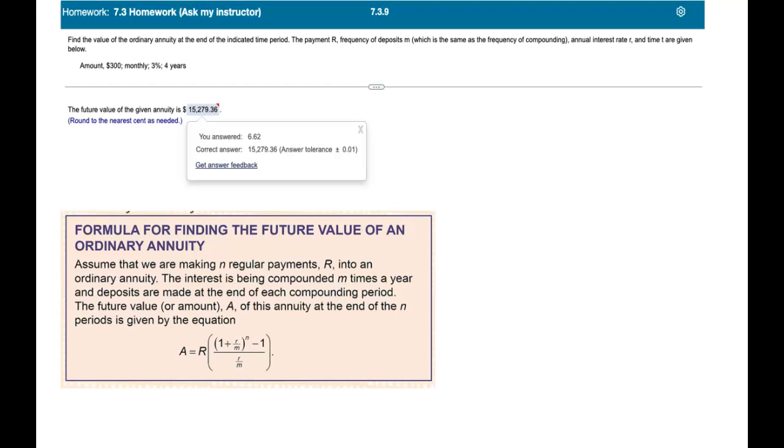So in this particular problem, we know the value of R, I'll just jot it down over here, that R is 300. We also know the frequency of deposits, that's the value of m, is 12. This is done on a monthly basis.